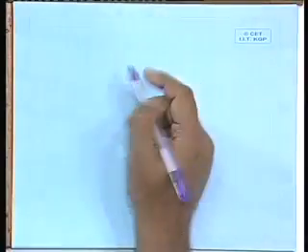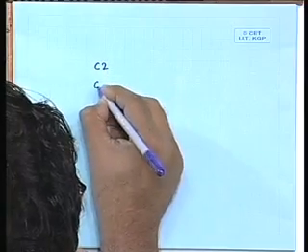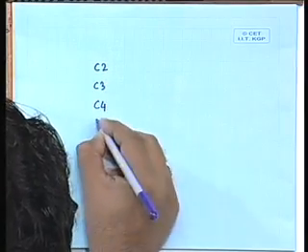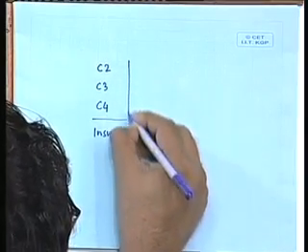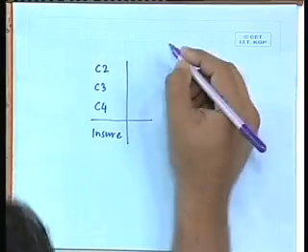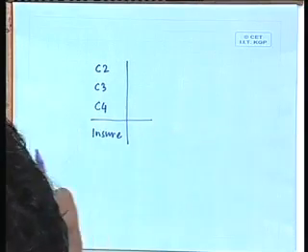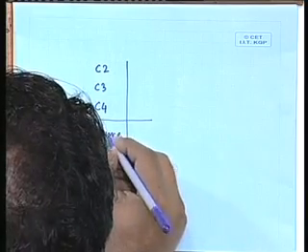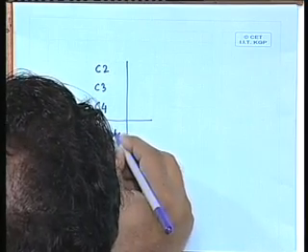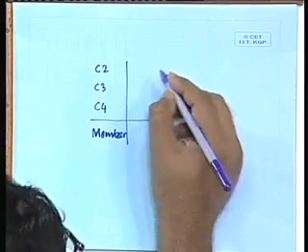So, we can quickly put it in the form of a table with C2, C3, C4. So, what do we get?